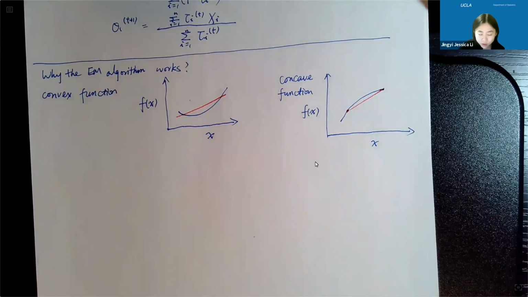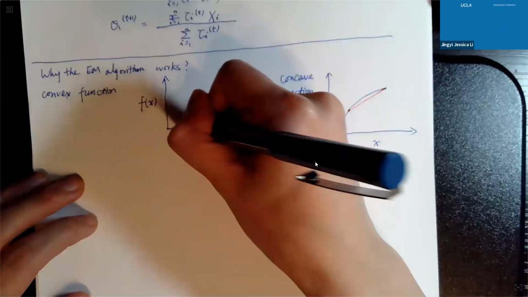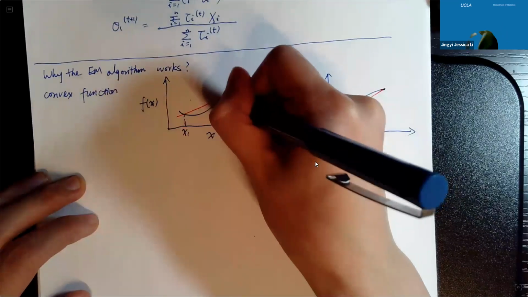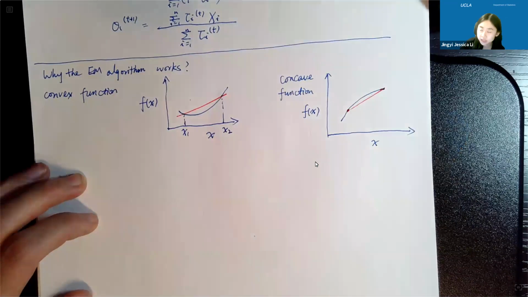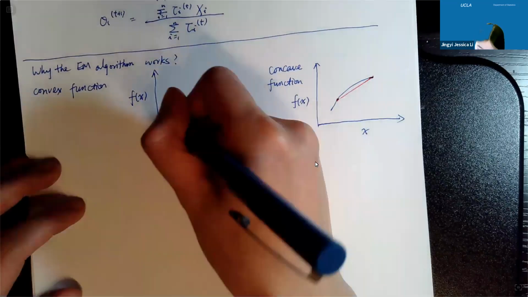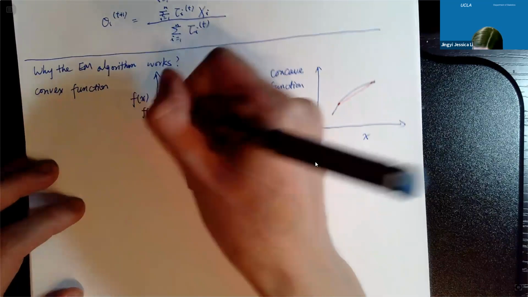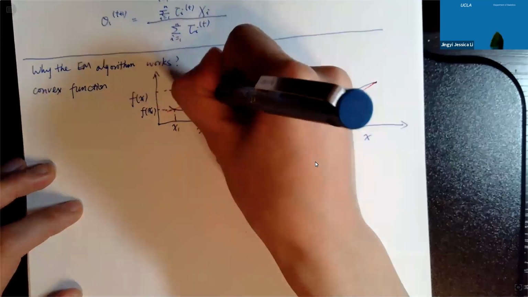One important property about the convex function is related to how we compute the mean. Let's say that I call this value x1, and I call this value x2. I'm interested in these two quantities. Correspondingly, this will be f(x1), and this would be f(x2).